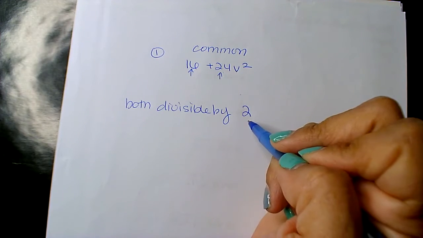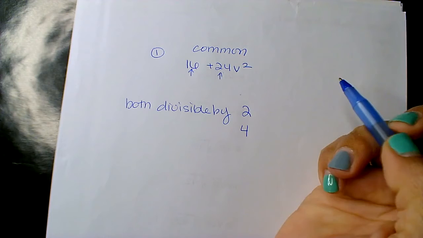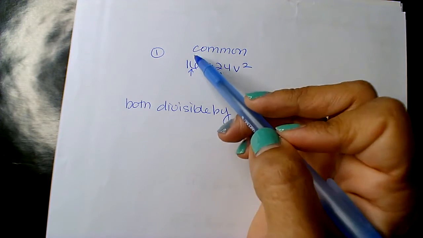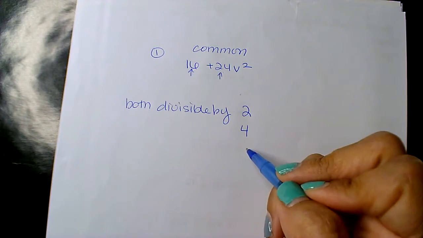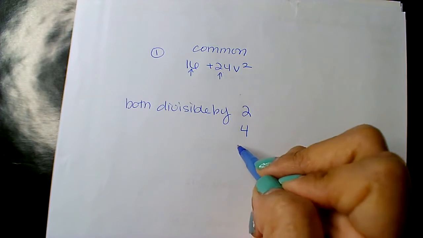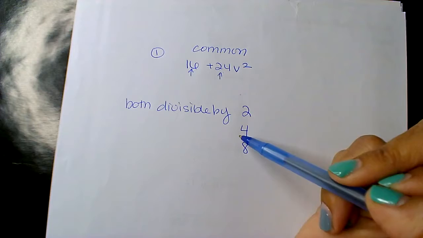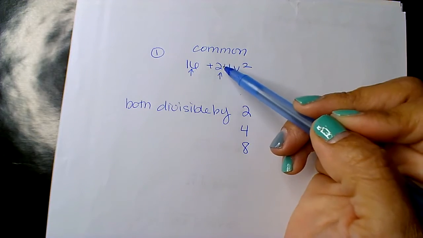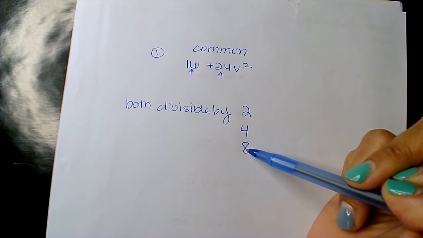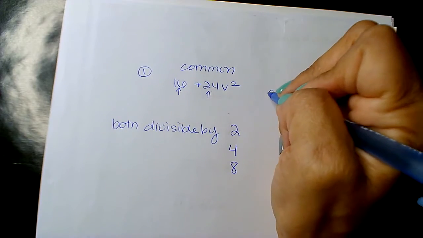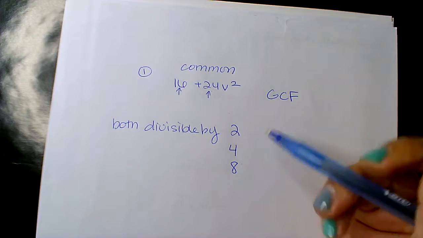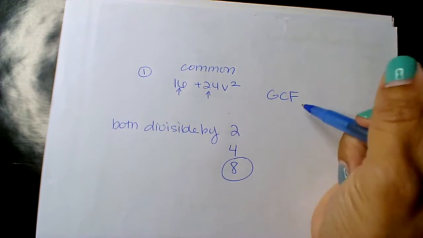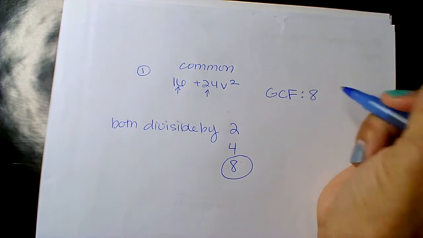All right, it's also divisible by 4, yes? 16 is divisible by 4, 24 is divisible by 4. What's the next number? 8. Right? 16 divided by 8 is 2, 24 divided by 8 is 3. Okay, but I want the GCF, so which one wins? 8. So here the GCF is 8.